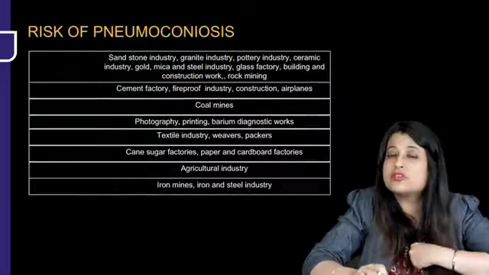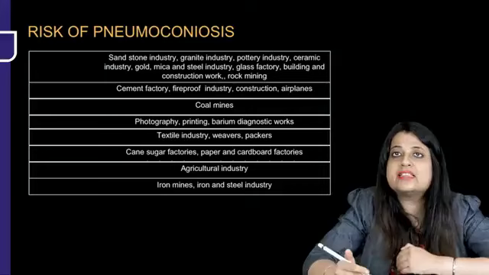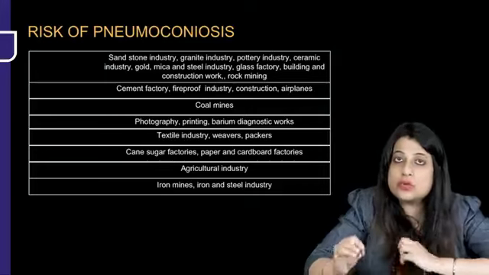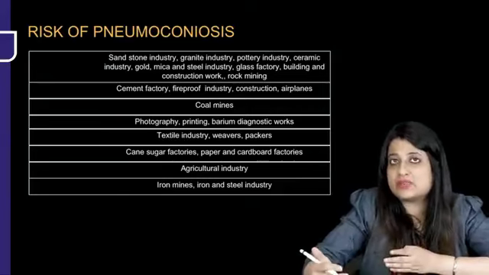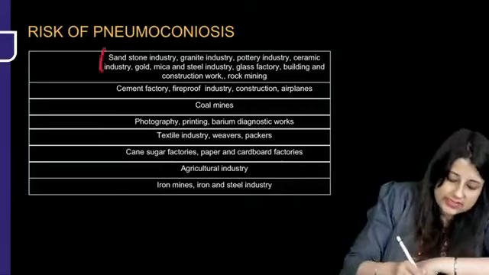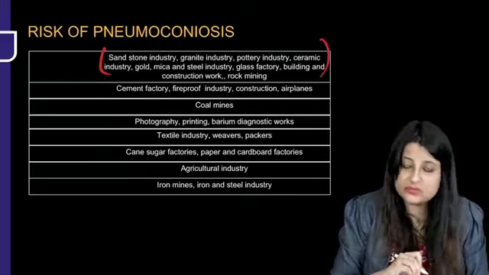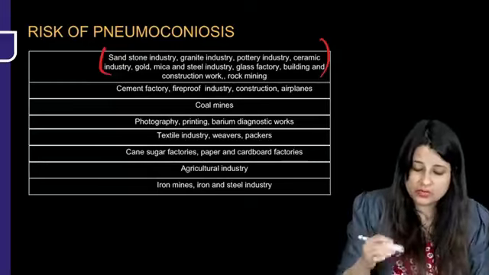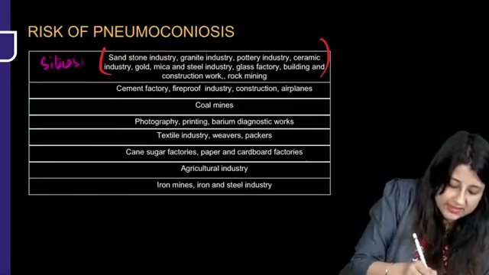Now what is the definition, most dangerous size, and examples? One other thing is that nowadays they're more interested in asking in which industry you are working that leads to asbestosis or silicosis. Sandstone industry, granite industry, pottery, ceramic, gold, mica, steel, glass factory, building and construction work, rock mining: exposure to all these can present with silicosis.